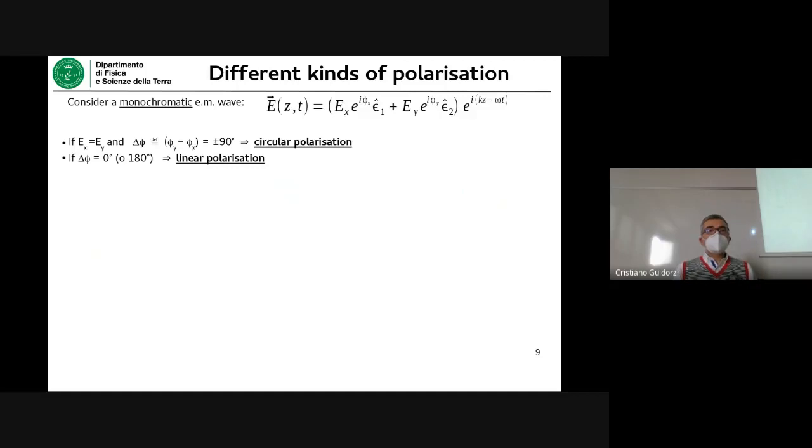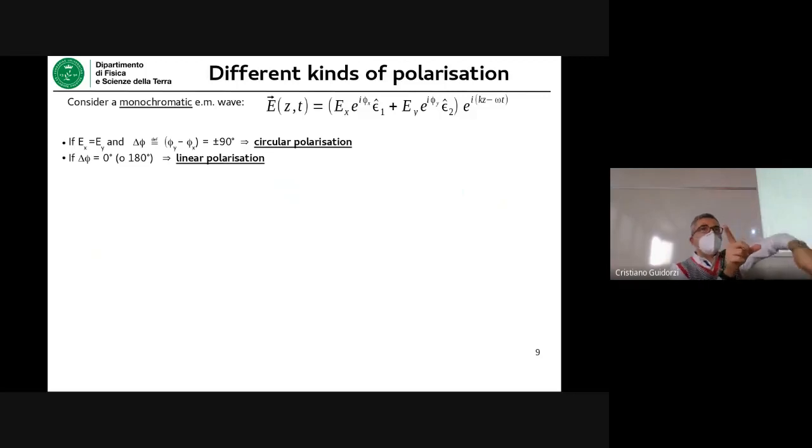If the phase difference is zero, so they are in phase, or 180 degrees, well, it means that they are zero at the same time and they are maximum at the same time. So the combination is just an electric field which moves along a given straight line.